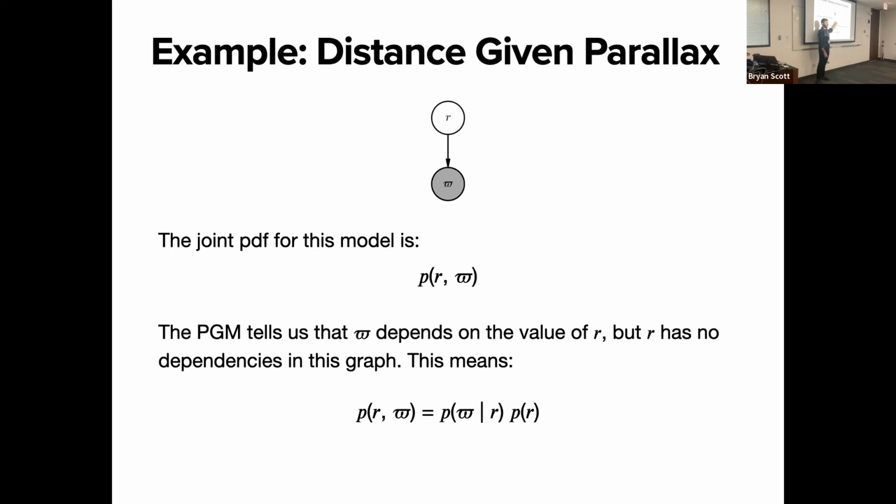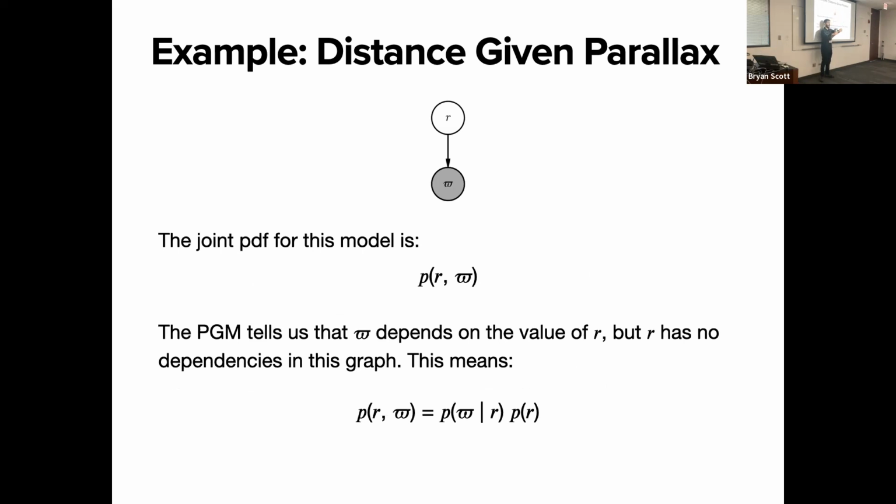This is the joint probability distribution over everything in our model. The graphical model tells us that the parallax depends on the value of the distance, but notice nothing points at the distance.